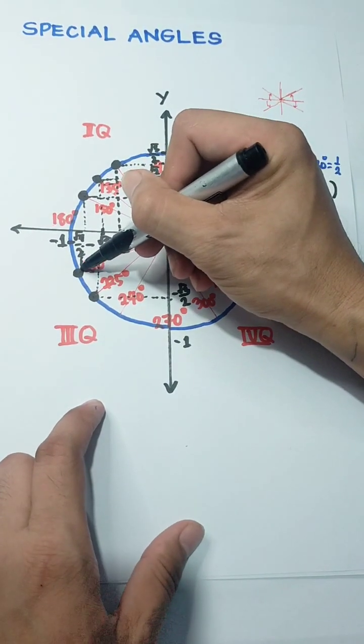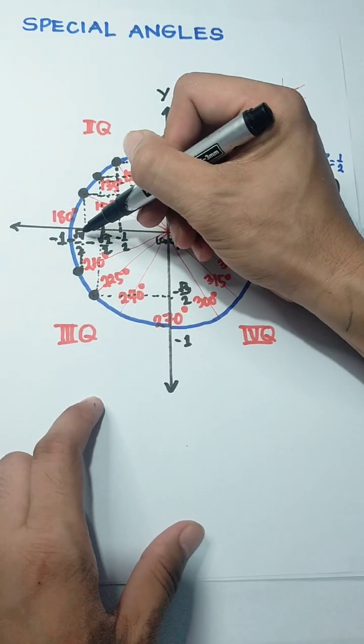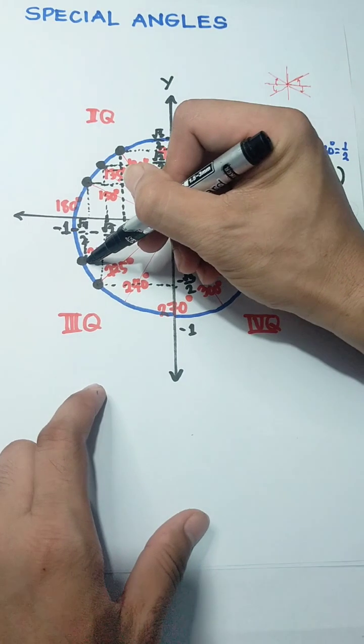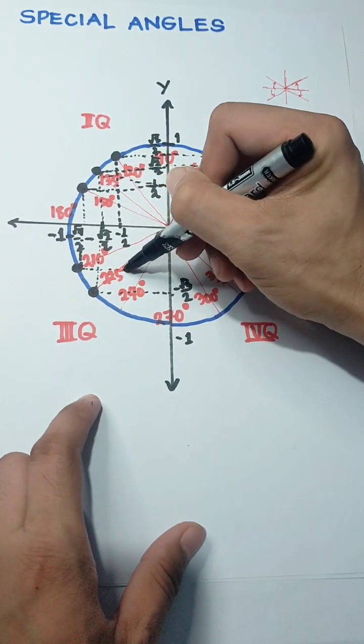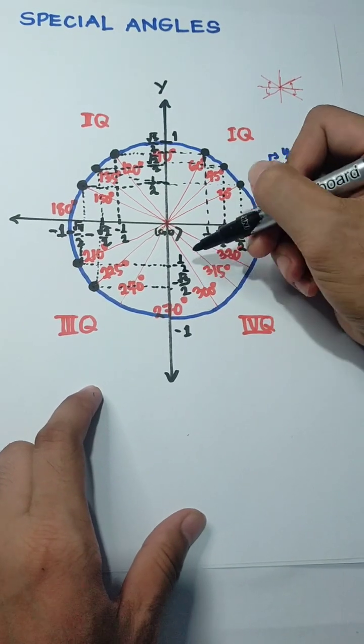So the x value is negative square root of 3 over 2. And the y value is negative 1/2.